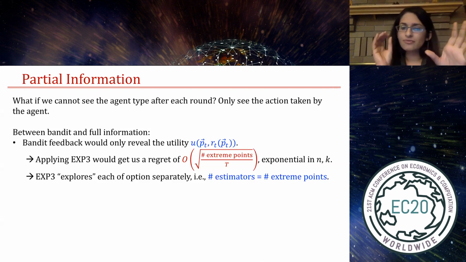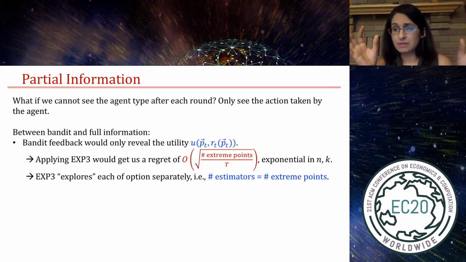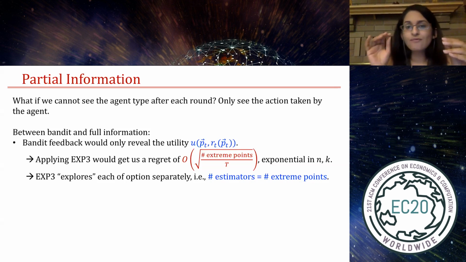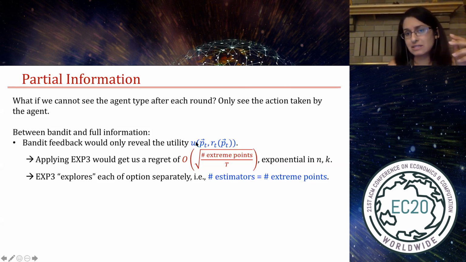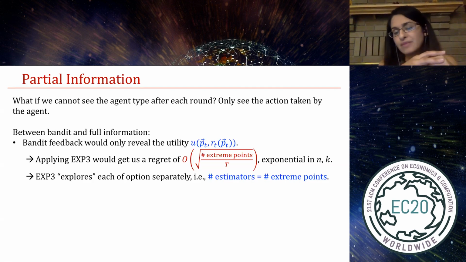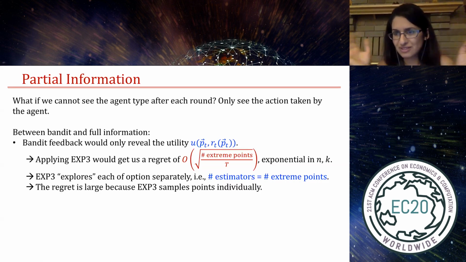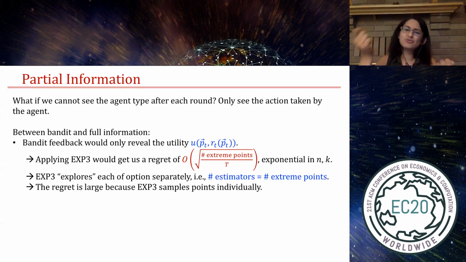The reason the typical EXP3 algorithm that I was describing yesterday has this high of a regret is that it tries to build an unbiased estimator for each of these utilities, for each of the points. Because it's trying to build a lot of unbiased estimators for different extreme points, it's as if it's trying to sample them individually, and it's doing a lot of rounds of exploration and not exploiting enough.